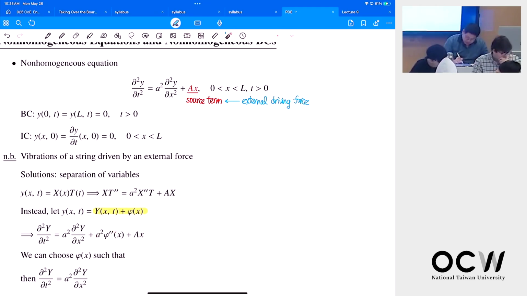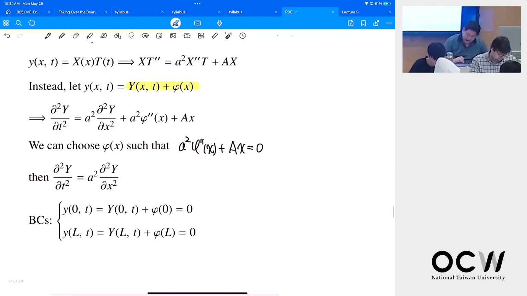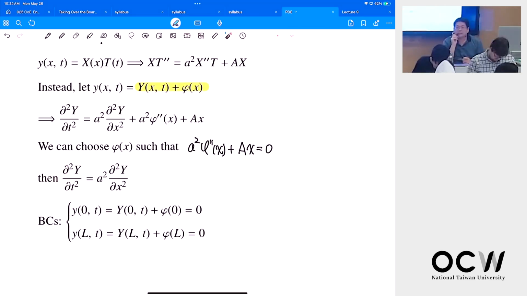So we can choose phi of x such that this term goes to 0. So we try to have a squared phi double prime plus ax equals 0. If I can choose this phi that way, then we have our familiar expression, the homogeneous one. Okay?